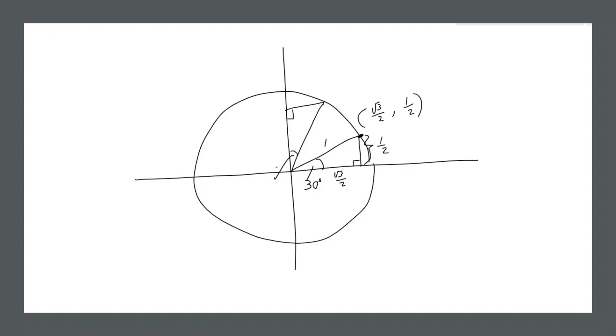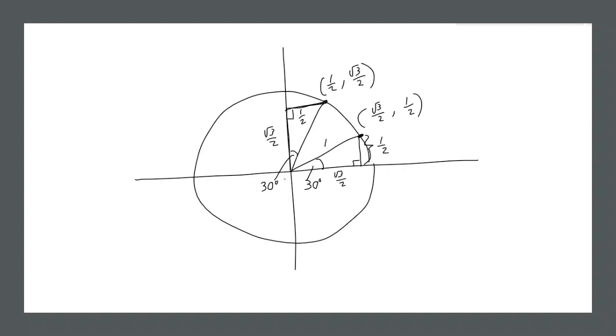Where, again, this is 30 degrees, and this height here is root 3 over 2, and the base, or the top, is 1 over 2. So what's this coordinate going to be? Well, now our base is 1 over 2, so that's our x coordinate, and our height is root 3 over 2, and that's our y coordinate. So our x and y coordinates actually switch. So there's two ways we can fit this triangle.